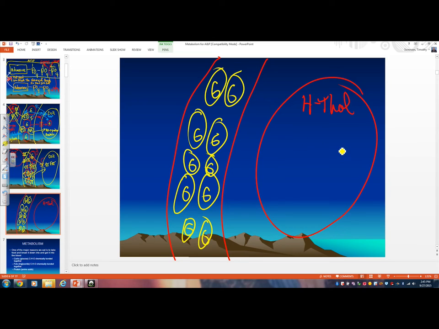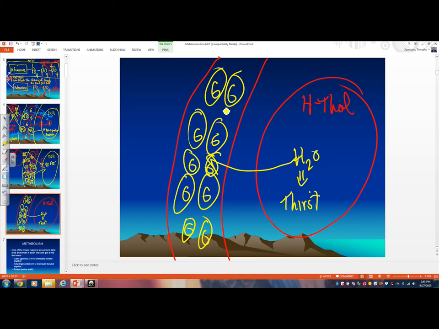So water always moves from an area of a lot of water and less stuff to an area of more stuff and less water. So you are removing water from the hypothalamus, and that will dehydrate the hypothalamus. And anytime you dehydrate the hypothalamus, that triggers thirst. That's why they get thirsty.